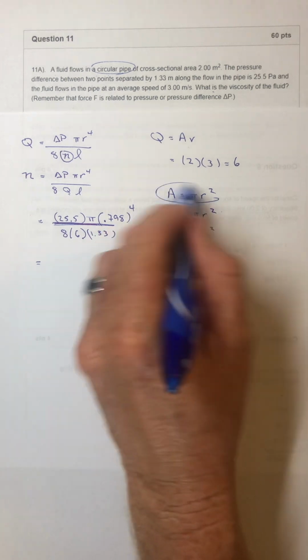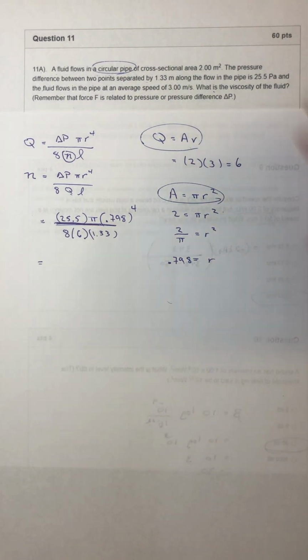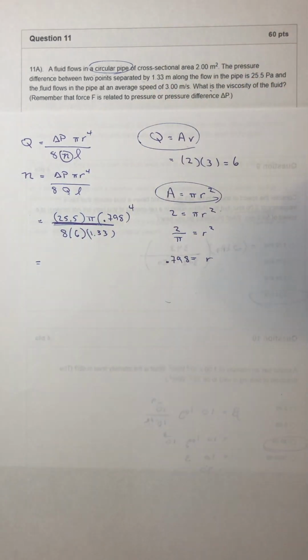So we've got two side calculations based on this information in order to feed it into the main equation here.